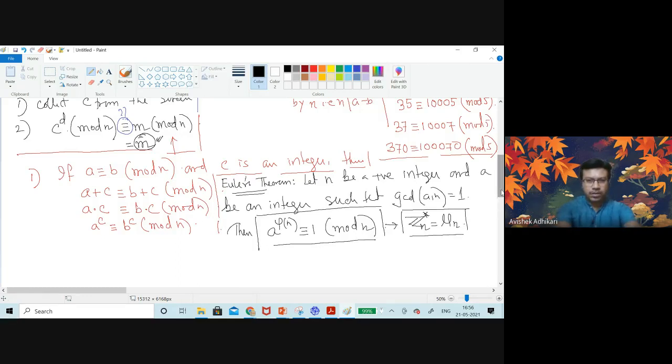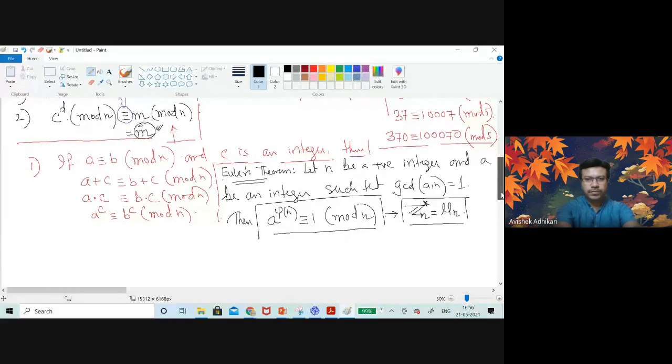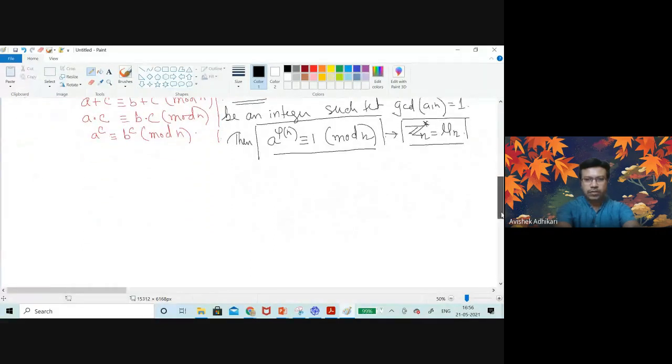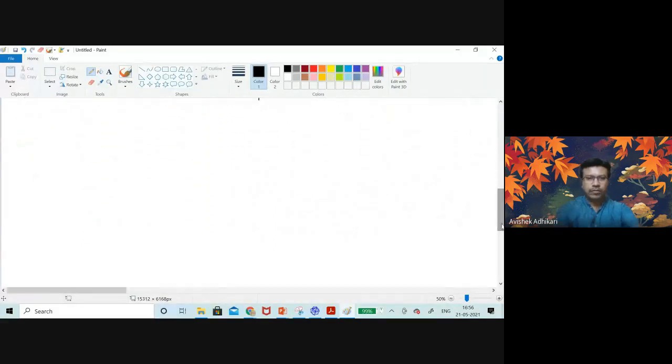Okay, so now let us come to this proof. What we need to prove is that c to the power d is congruent to m mod n.